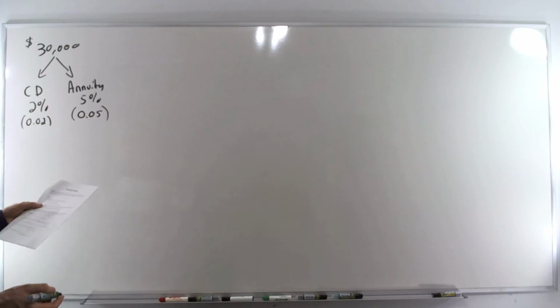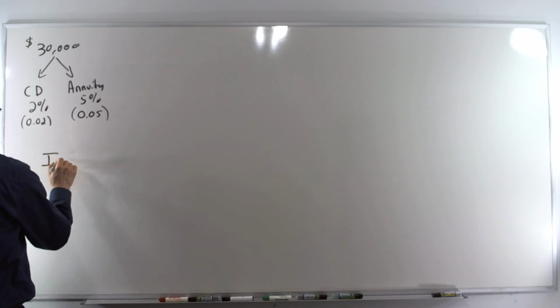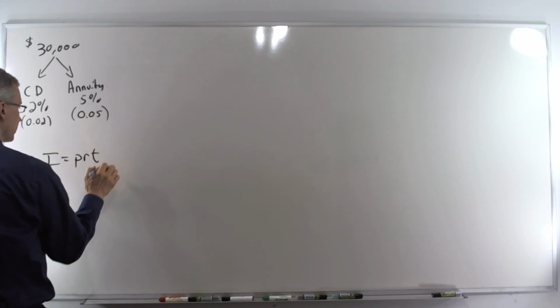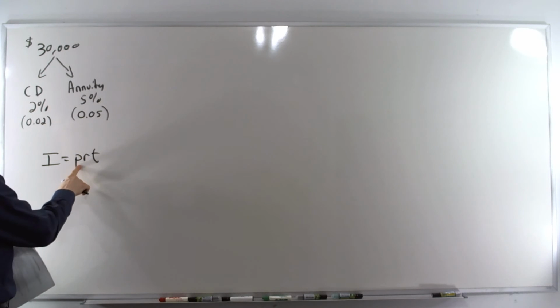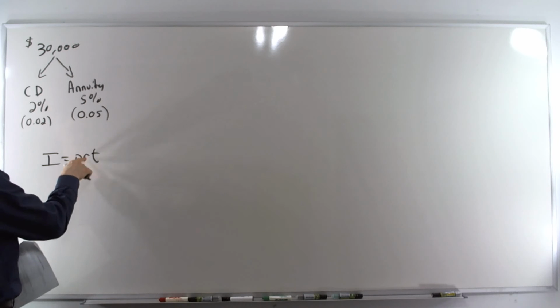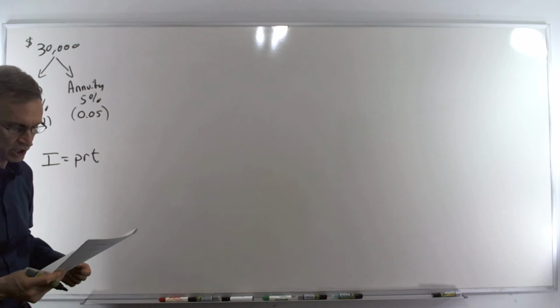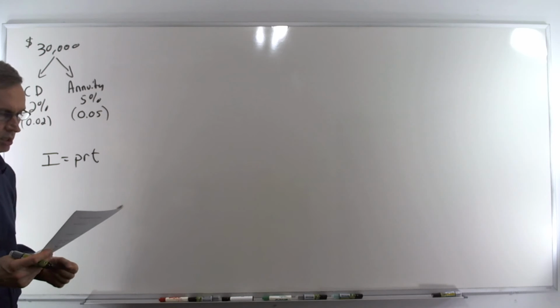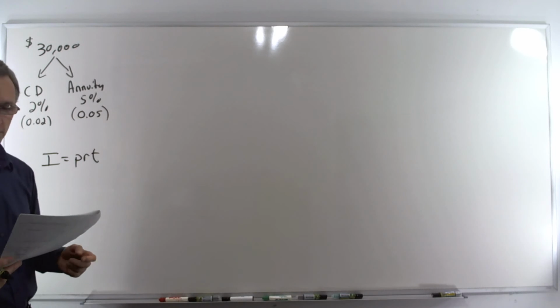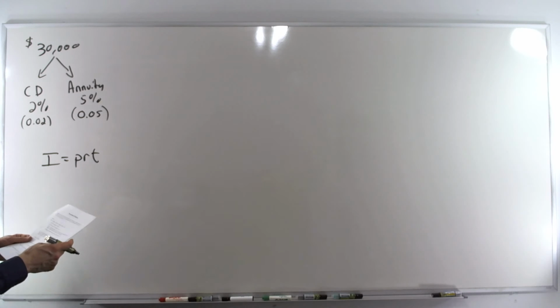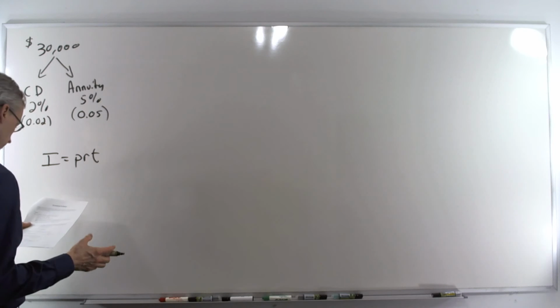The simple interest equation is I equals PRT. Principal is the amount we invest. R is the rate as a decimal, and T is the amount of time. The T will be 1 for each, because we're investing these for 1 year each.